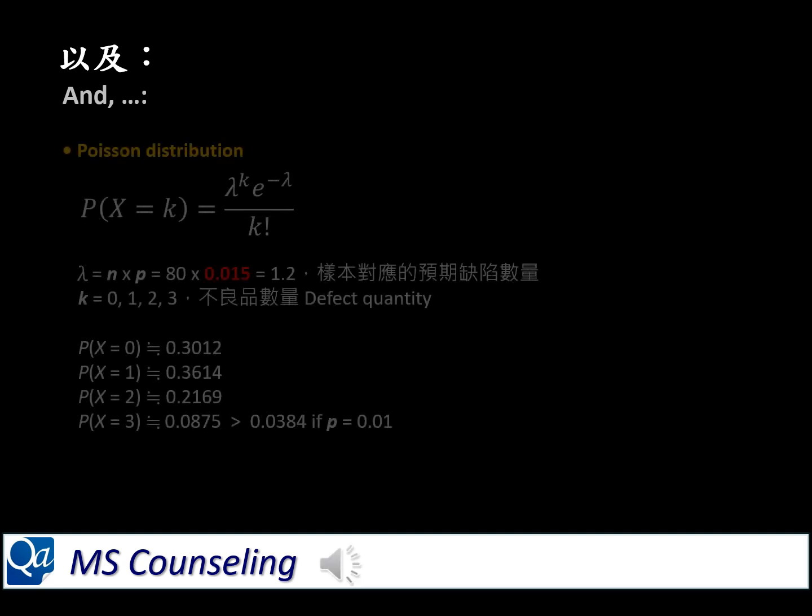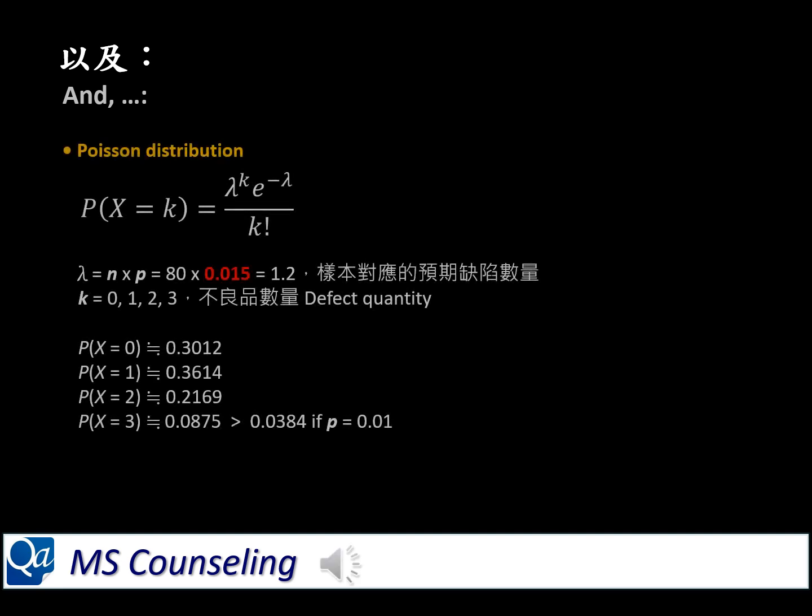Poisson distribution. When the number of defective items is relatively small compared to the overall sample size, and the AQL is small, the Poisson distribution approximates the binomial distribution, especially in the case of large samples. The formula for the Poisson distribution is shown in the video, where lambda equals n times p is the expected number of defects.